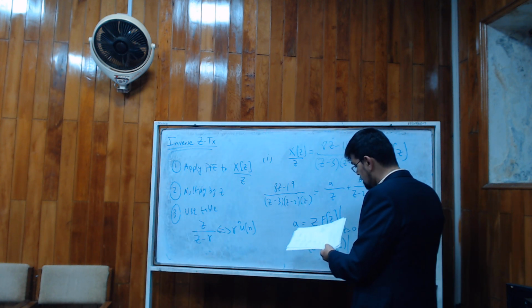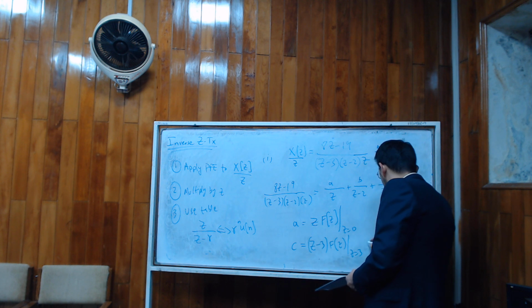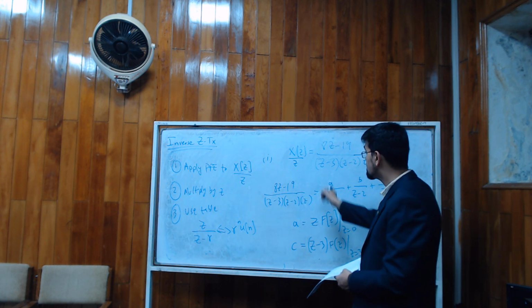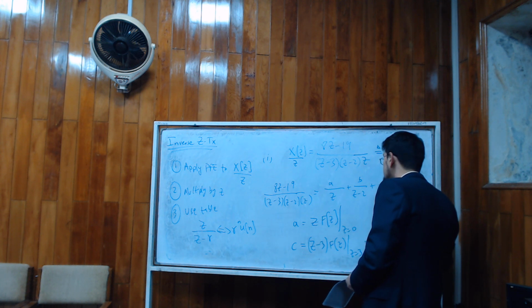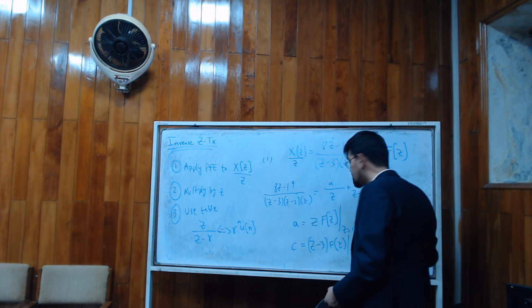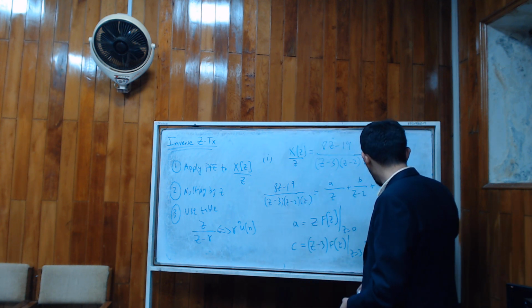Over here, I will just write it. Basically we are saying z minus 3 times this whole thing, which is 8z minus 19 over z minus 3 times z minus 2 times z, at z equals 3.